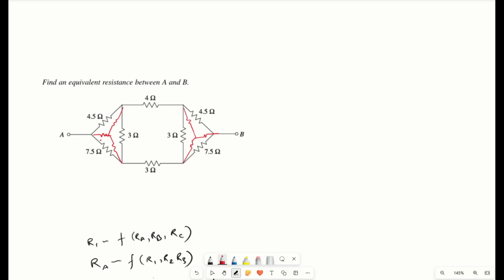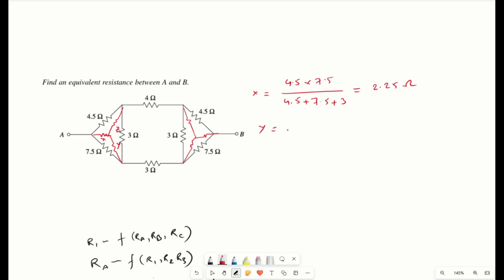Suppose I am putting this one as x, this one as z, this one as y. So what will be x? Our x will be, as we know, 4.5 into 7.5 divided by the total resistance, that is 4.5 plus 7.5 plus 3. If we calculate, it will come out to be around 2.25.